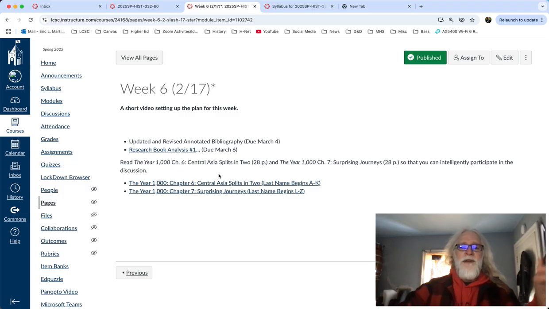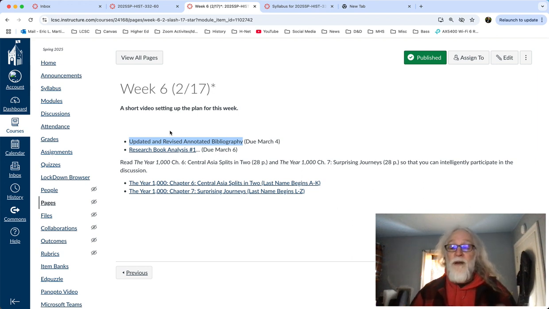However, let's go with things here. Just a little notice here. March 4th, so that's 2 weeks from now. You're going to have an updated and revised bibliography, depending on the condition of your previous annotated bibliography. This might be a big change. This might be not so big of a change.